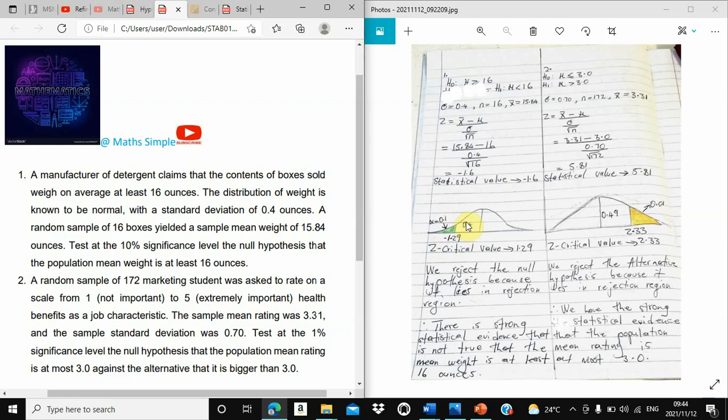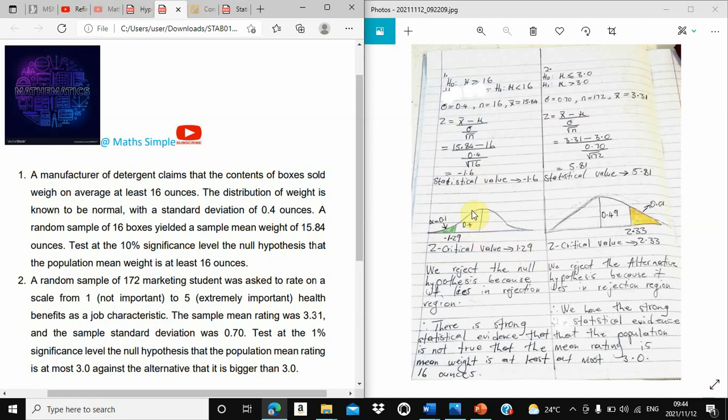At 0.4, the respective z value is 1.29. Since here it is the negative side, we include the negative part. It is negative 1.29. So our critical value is 1.29, and you have 1.29 and 1.6. Therefore, you will confirm where my statistical value lies: in the rejection part or the acceptance part. Where we shade is where we reject.